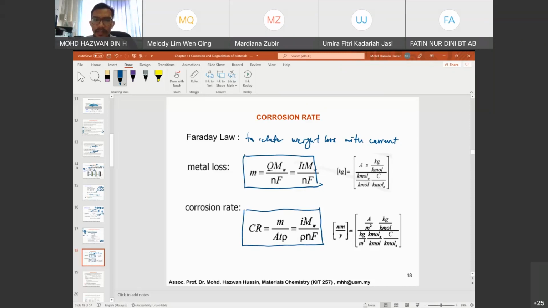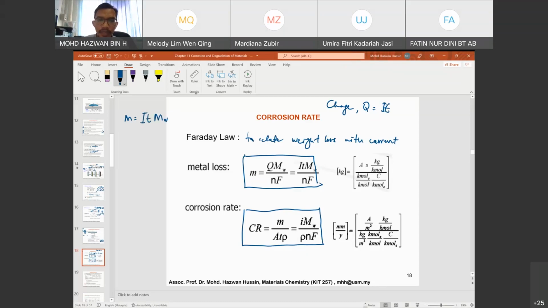So what did Faraday say? For metal loss, M equals Q over F, where Q is the charge. Charge Q equals current multiplied by time. So if you expand it, you will get M = I T MW over nF.